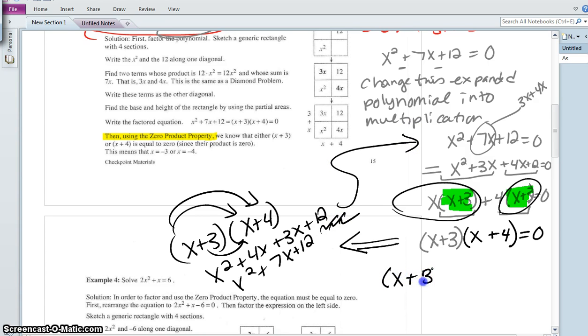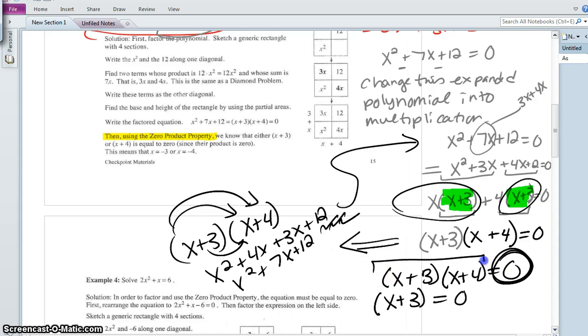So x plus 3 times x plus 4, I've confirmed, has the same value as the original trinomial, only now I can use the zero product property. In order to get this result, 0, from this multiplication, either x plus 3 has to equal 0 or x plus 4 has to equal 0.